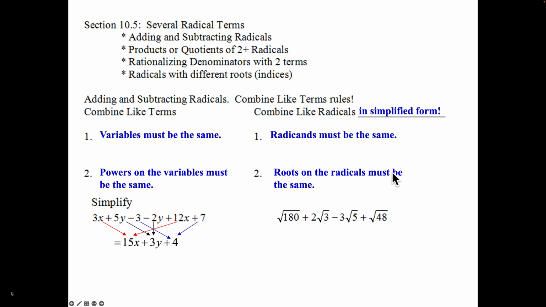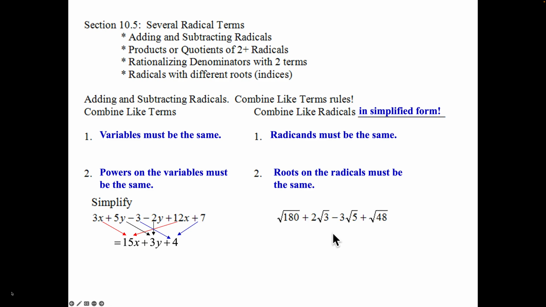The roots of the radicals must be the same. So for example, I cannot add the square root of 5 with the cube root of 5 and the fourth root of 5. Sure, they're all 5s on the inside, but I can't add them because the roots are all different. That's like trying to combine x to the first power plus x squared plus x to the third. I can't add those together.